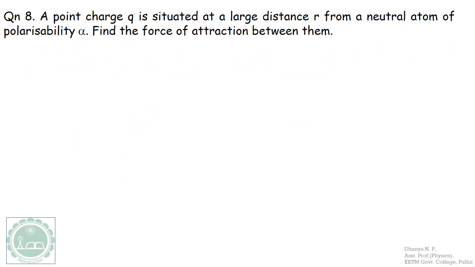Then next problem, a point charge Q is situated at a large distance r from a neutral atom of polarizability alpha. Find the force of attraction between them. Suppose this is the neutral atom, A is the neutral atom and the point charge is placed at a distance r.